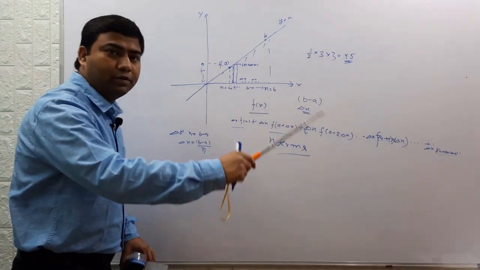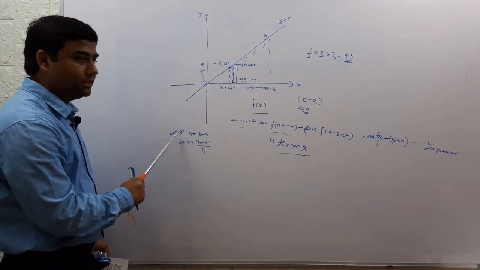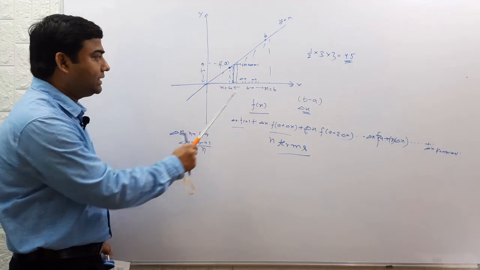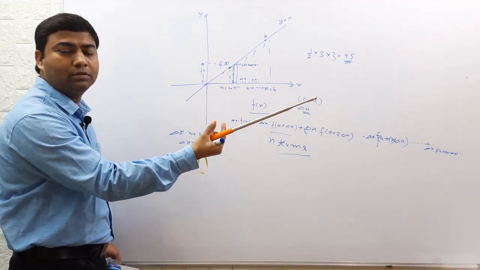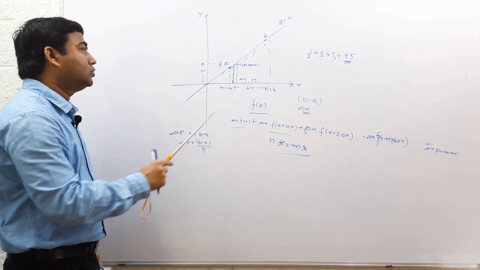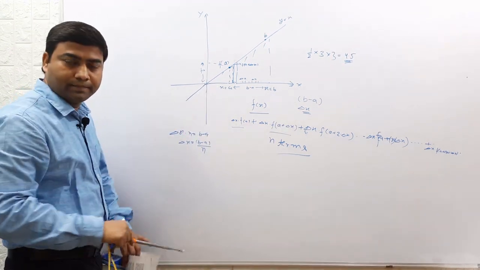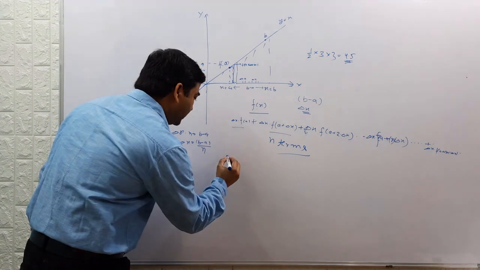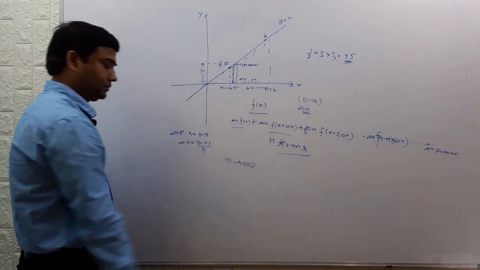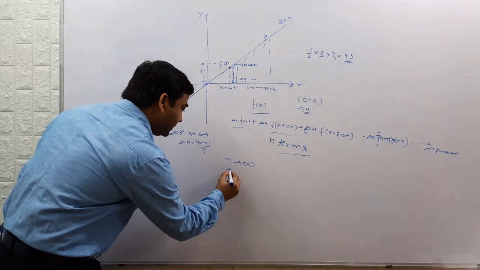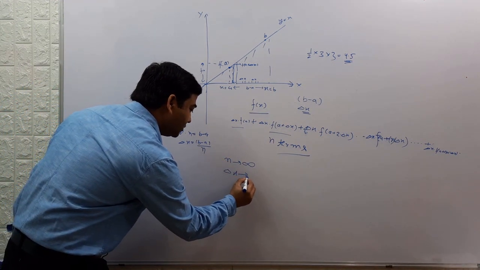Now as we increase the number of terms, delta x will decrease. The rectangles will be more and more thin, so that we will get a more accurate area. So here, as n tends to infinity, we can say delta x tends to 0.